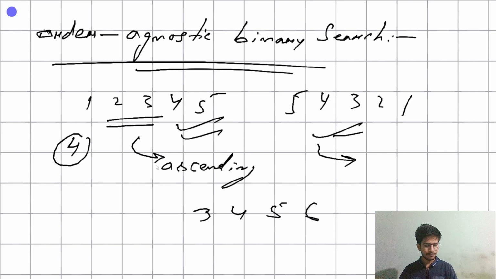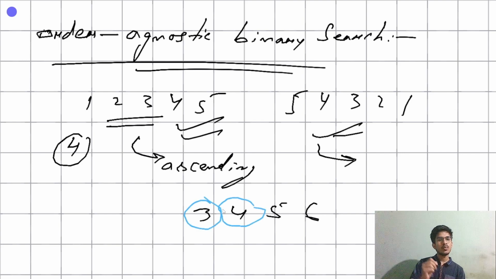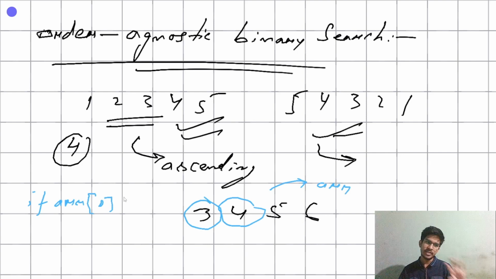We take the first element and the second element, and we make a comparison. If it is an array named ARR, if ARR of the zeroth element is less than ARR of the first element, then what will happen? That means the left hand side is smaller and the right hand side is greater.